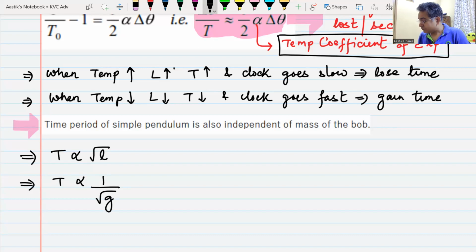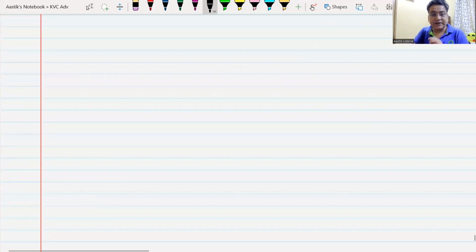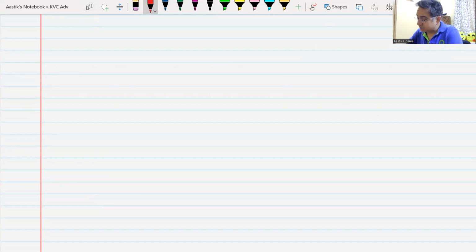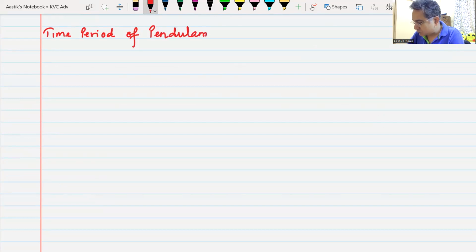So what happens if your pendulum is in an accelerated frame? That is the next heading that we will write.